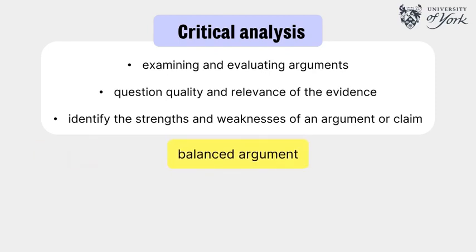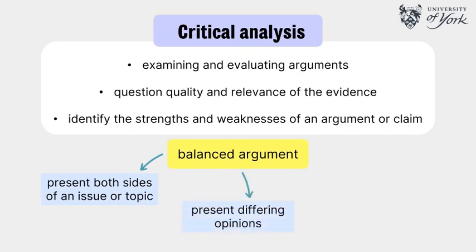To provide more balance and criticality for your writing, you will want to also potentially present both sides of an issue or topic and include the views of those with different opinions, including their reasoning and evidence. You will need to use objective language that avoids bias and presents the evidence fairly.